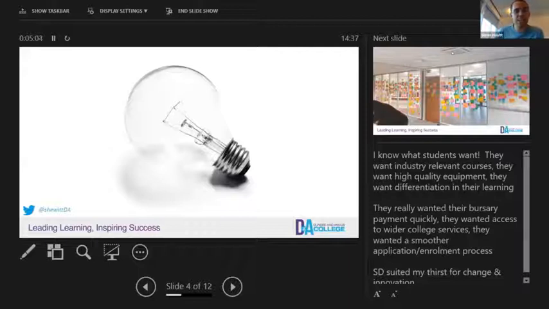But when we sat down with the students, actually what they wanted was their bursary quicker. They wanted access to wider college services and to understand how to do that and what was on offer. They wanted a smoother application and enrolment process. And whilst, yeah, they wanted industry relevant courses, etc., it was actually all these other things that were much more of a priority.